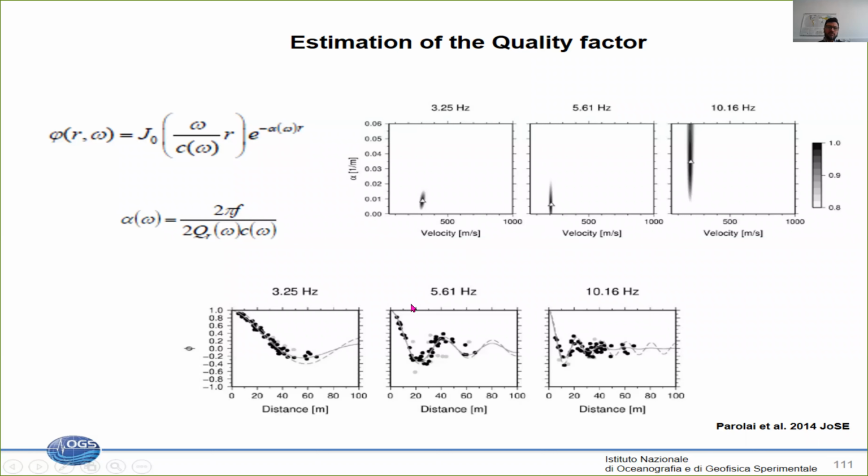When the frequency is increasing, the velocity is still relatively well estimated, and you see it very well because there is a very narrow band of RMS in the direction of velocity, but the attenuation starts to be affected by larger uncertainties, and these uncertainties become very, very large when we are working with high frequency.